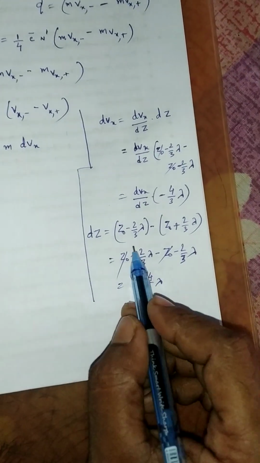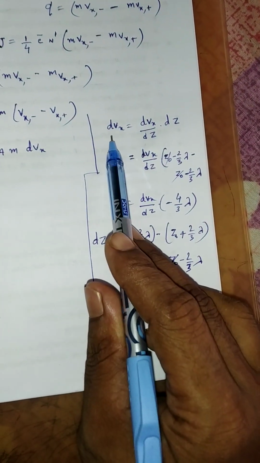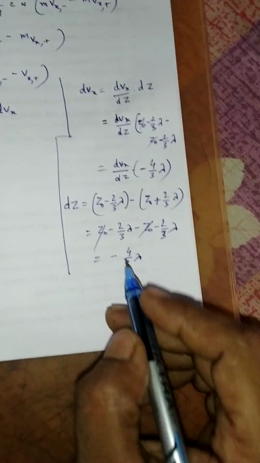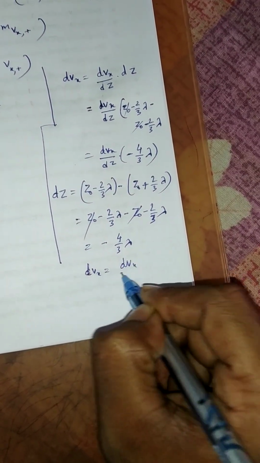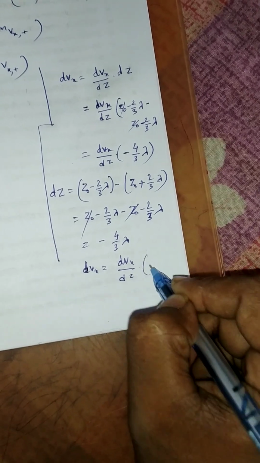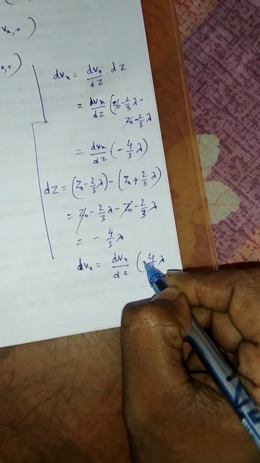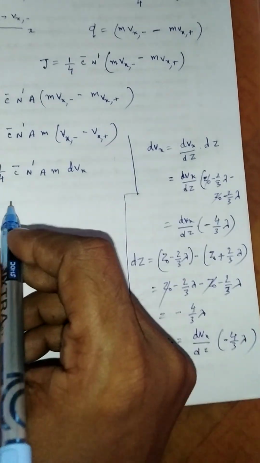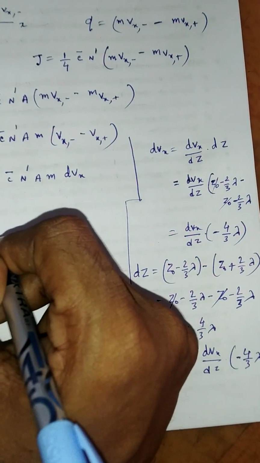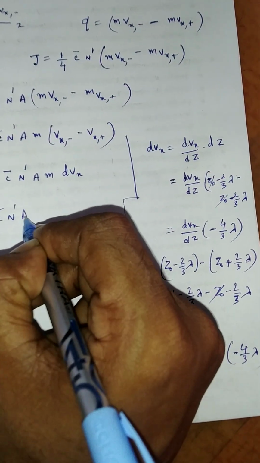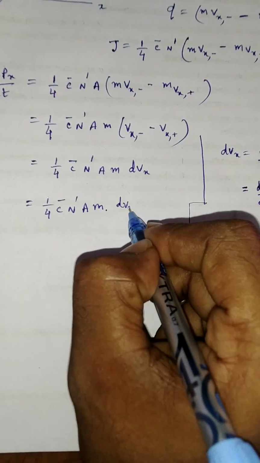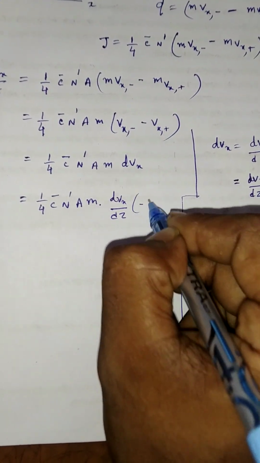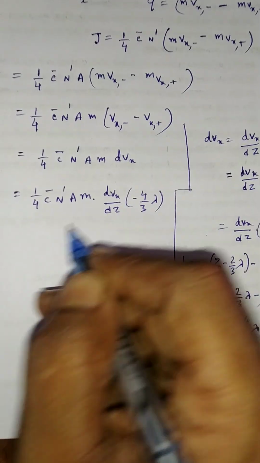So in the equation, in place of dVx we write dVx by dz times minus 4 by 3 lambda.